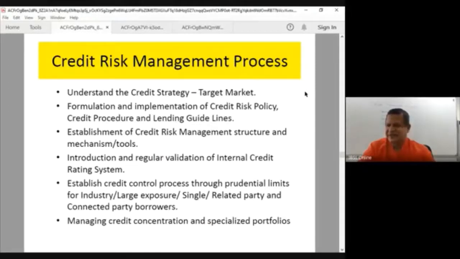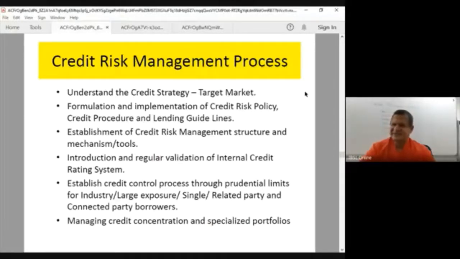So the credit risk department has a responsibility to create the credit risk policy and credit procedure. Along with the business unit, they have to create a credit policy manual or procedure manual, and also prepare lending guidelines.